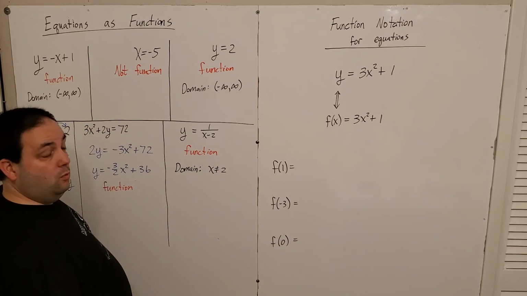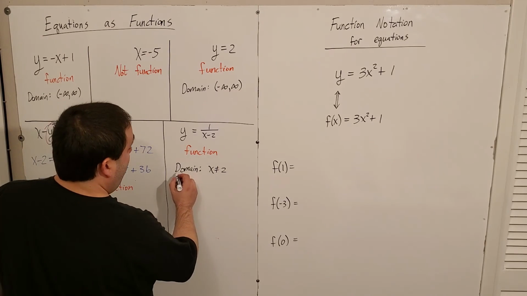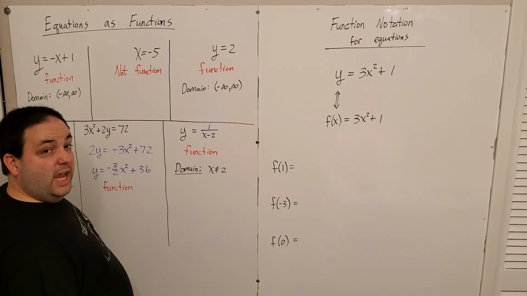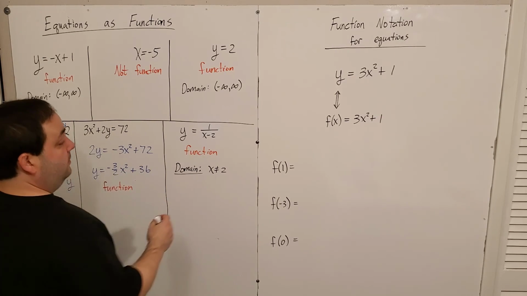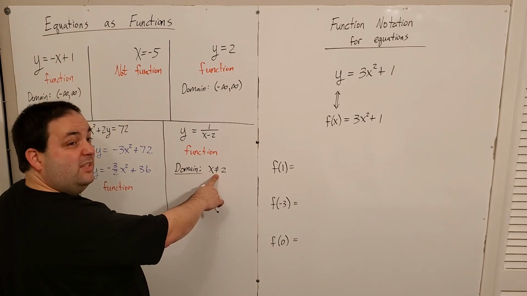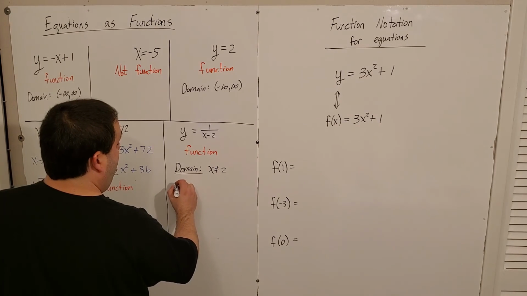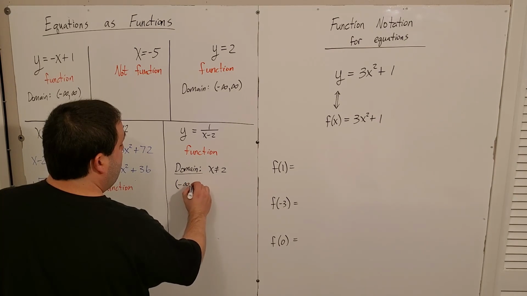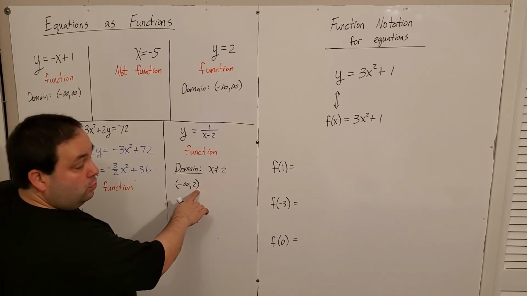X can't be 2. But in all honesty, we like to give our domains in interval notation because we want to say what x can be, not what it can't. It can be anything else. This implies that it just can't be 2, but it can be anything else. So my domain is actually negative infinity all the way up to 2, but don't include the 2.